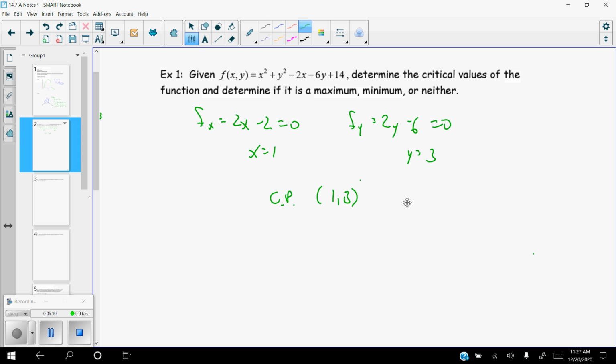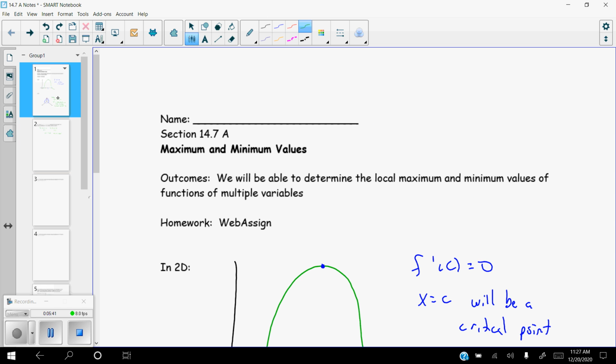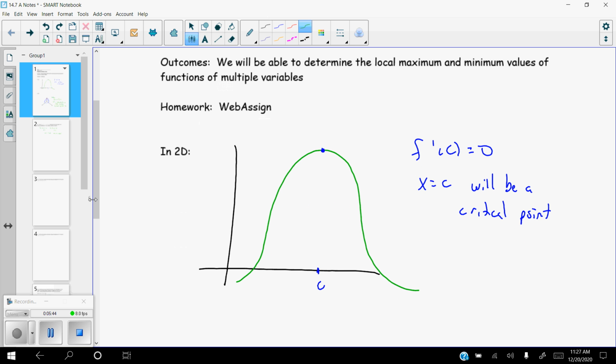So now the question says, is that a max? Is that a min? Or is that neither? Well, in order to figure this part out, just like we did in calculus AB/BC, instead of creating a little number line, although we're going to create a chart here, we're actually going to use a second derivative test. So remember back in your Calc 1, Calc 2 stuff, if you wanted to determine whether something was a max or a min, you could tell that by the concavity.